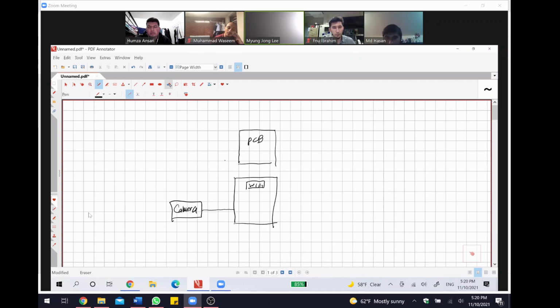The PCB is just the PCB, right? Some hardware assembled on the PCB, which holds devices. Yes. So how is this Raspberry Pi connected to the PCB?